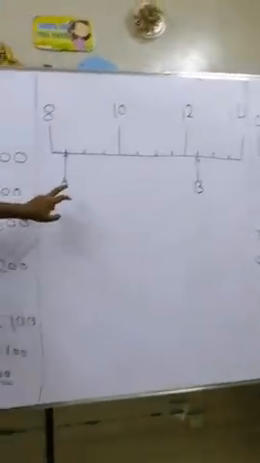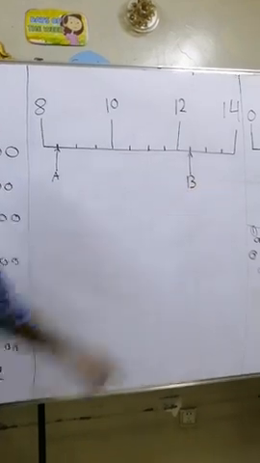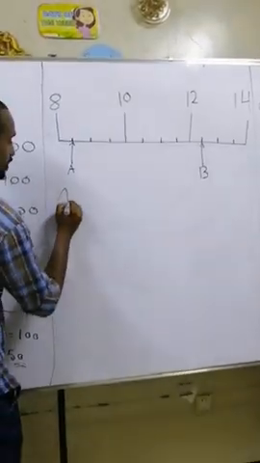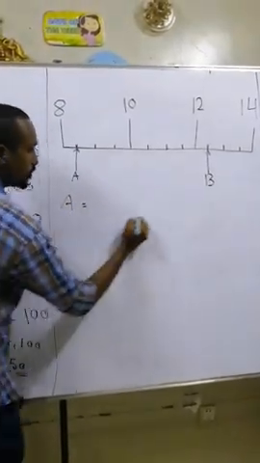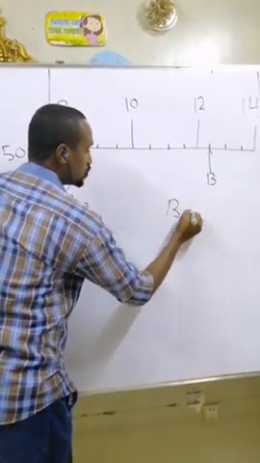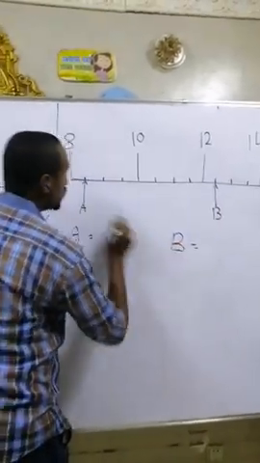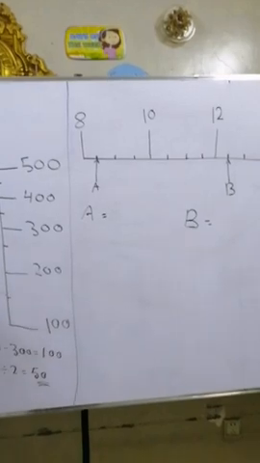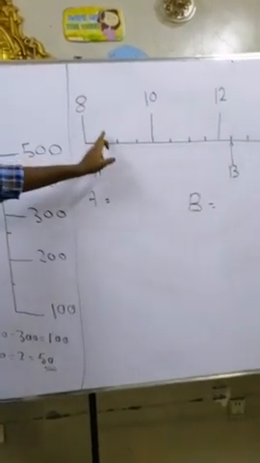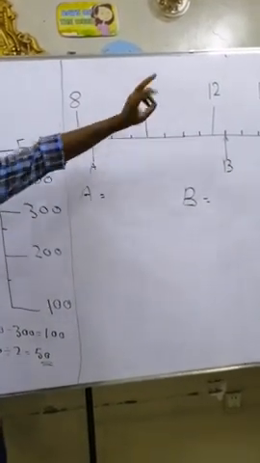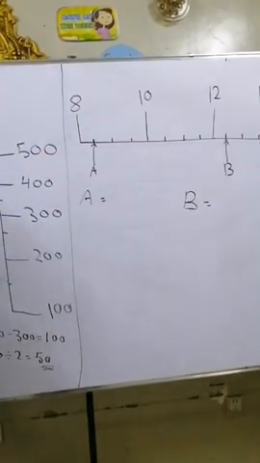Let's go to the third example. Here in this scale, they want two numbers, A and B. They want to know the value of A and the value of B. So, before we start, we should know what each line equals. Is it 8, 9, 10, 11, 12? No. So, what should we do?